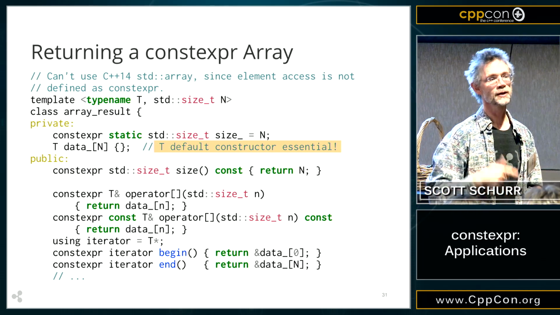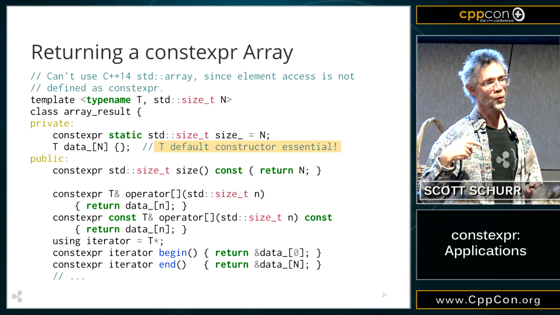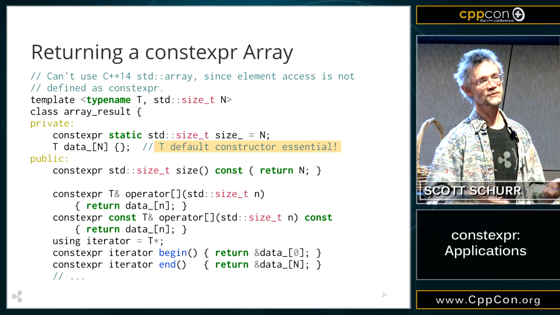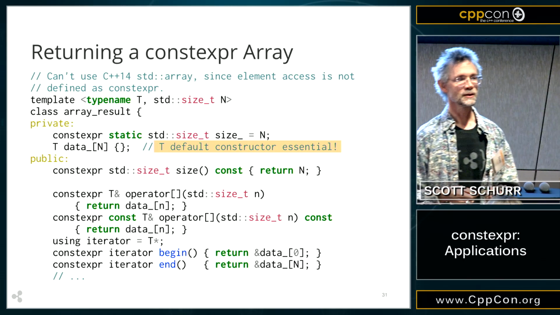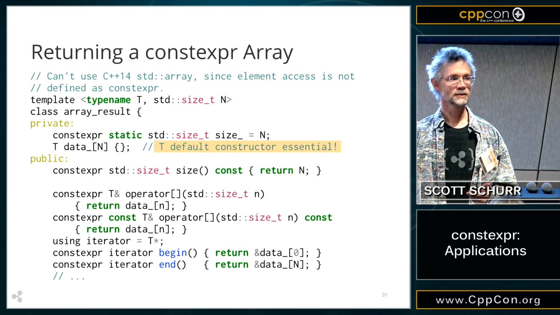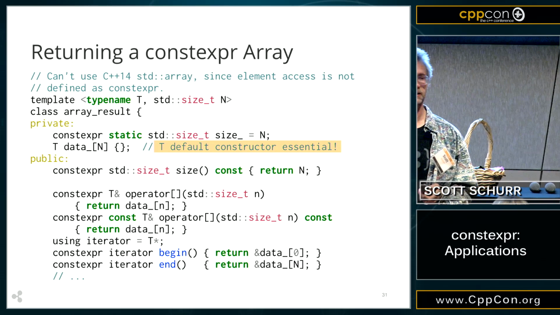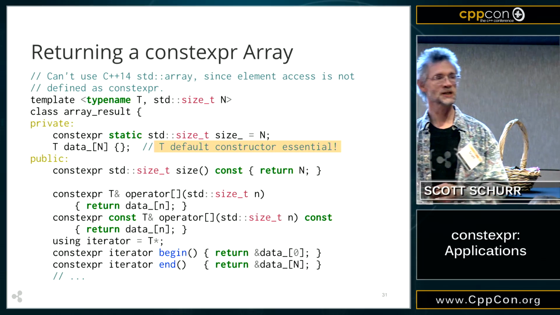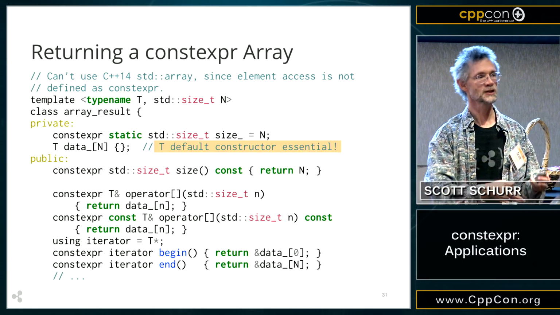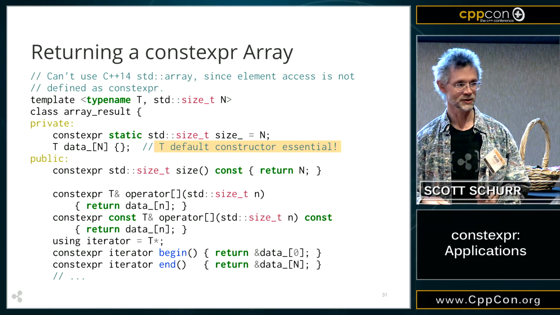Yes. Either that or it has to be one of the native types which are effectively constexpr. But you have to prepend the constructor with constexpr. So every object that goes into a constexpr object must also have a constexpr constructor.